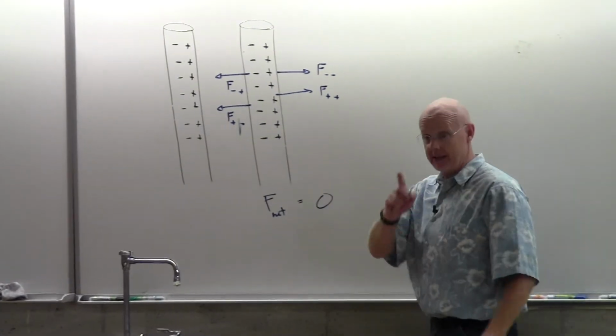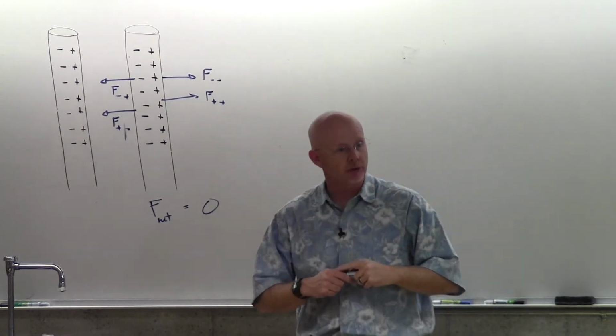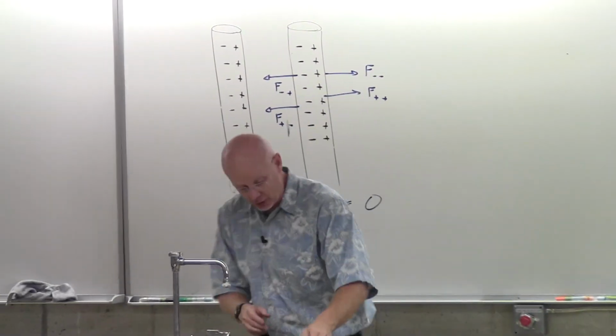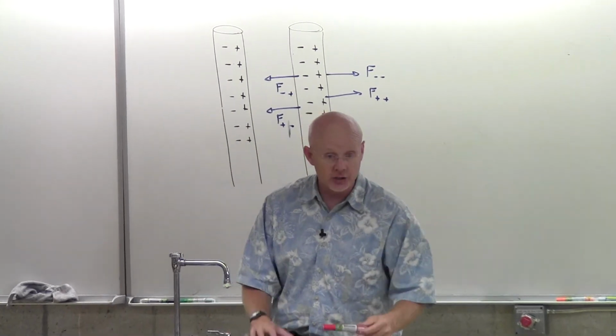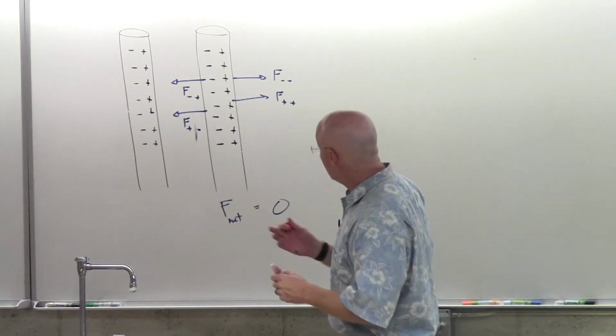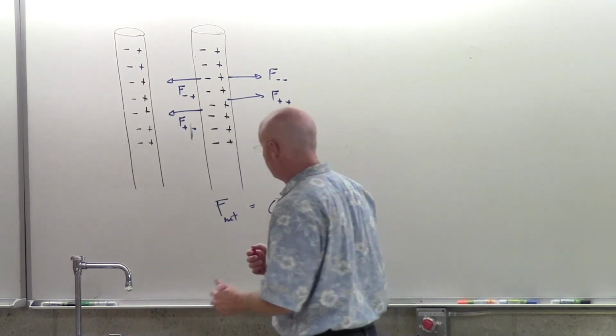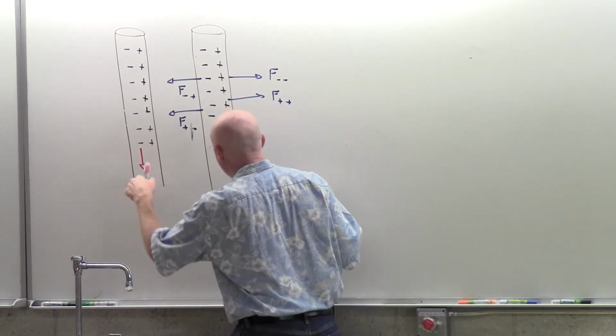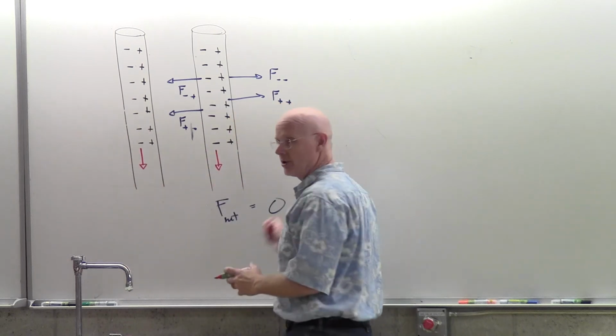Okay. But what if I made some electrical current? And for those of you who haven't gone through 122 yet, electrical current is when you have charges that are moving. And the way it works is the electrons move. So let me have the electrons here moving. Let me have the electrons moving there.